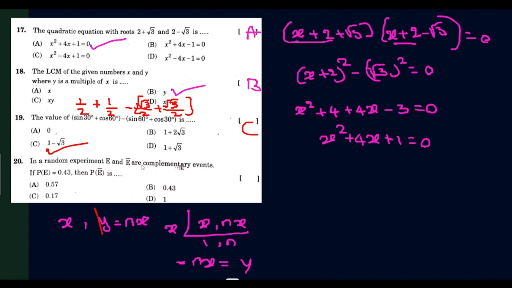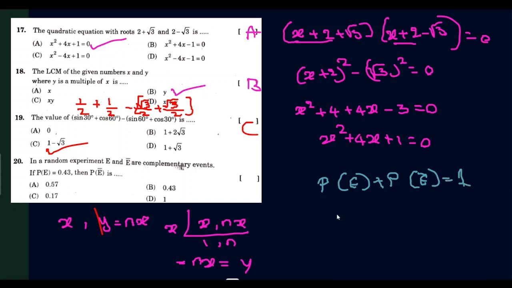Got it? And here the question is, in a random experiment, E and E bar are complementary events. Now he's asking us to find P of E bar, where P of E is given. Here we have a formula: we know that P of E plus P of E bar is always 1.